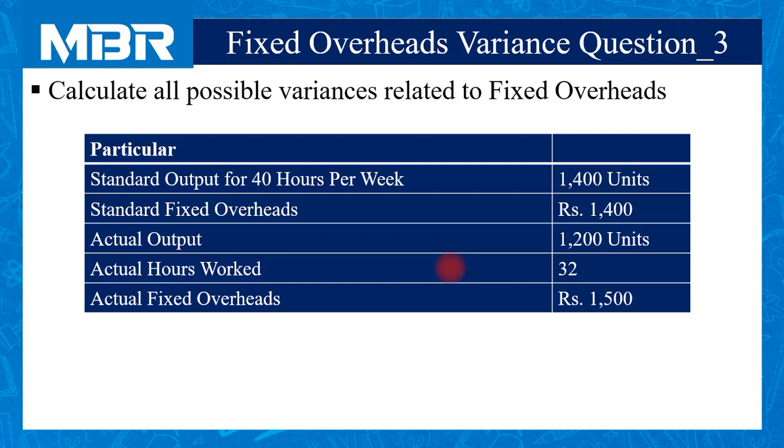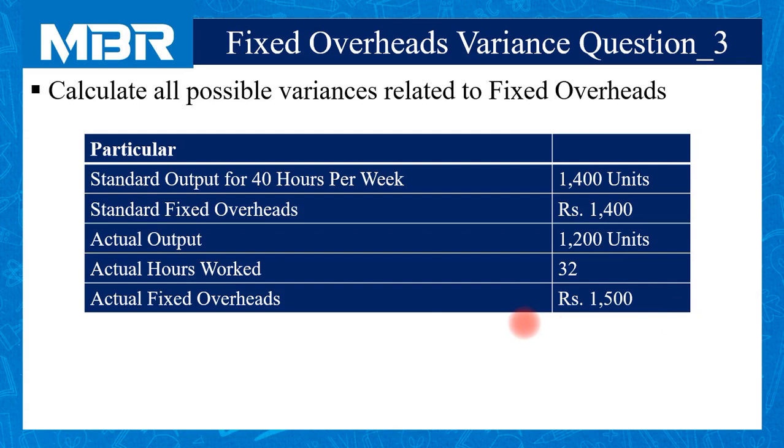Standard fixed overheads are rupees 1400. Actual output 1200 units. Actual hours worked in the week 32, and actual fixed overheads incurred 1500.